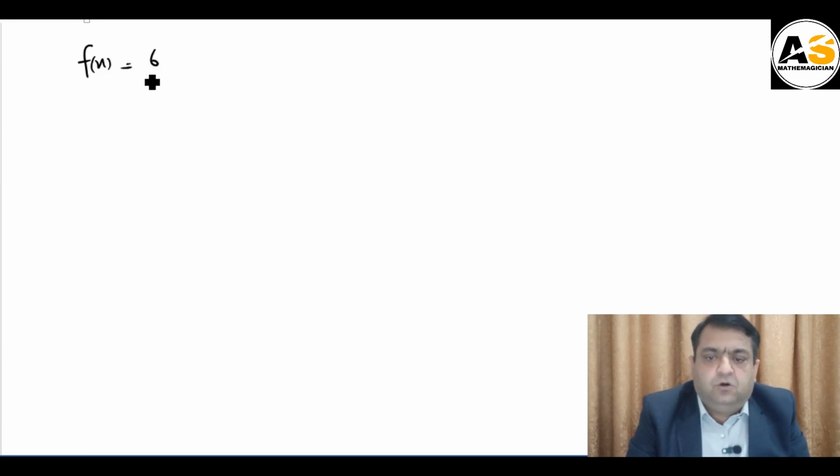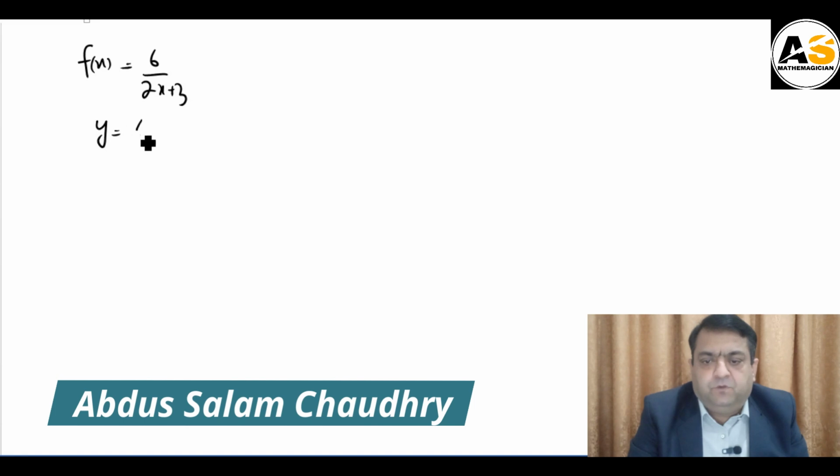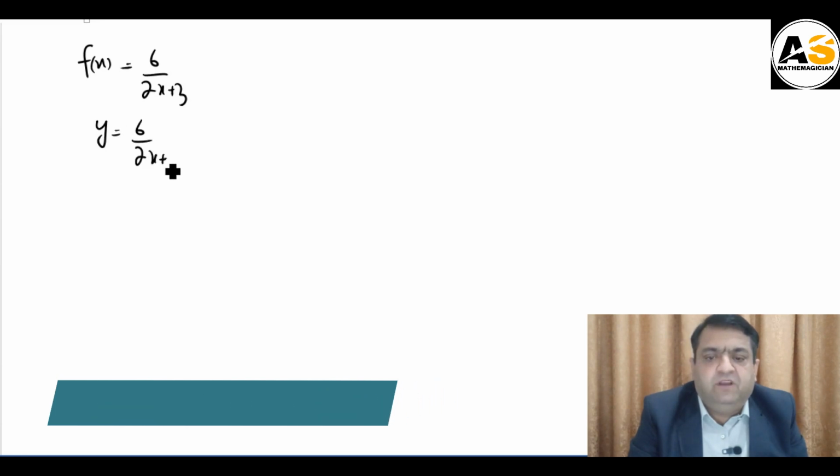First step, we will find its inverse. What was the first step we learned in our lessons? We replace f of x by y. y is equal to, and we get an equation.